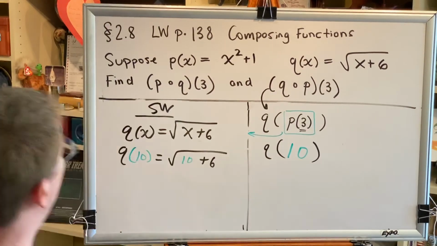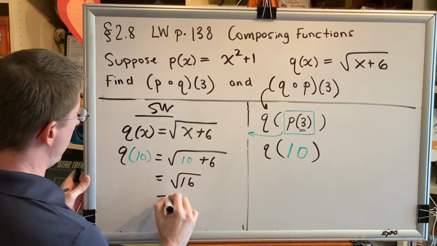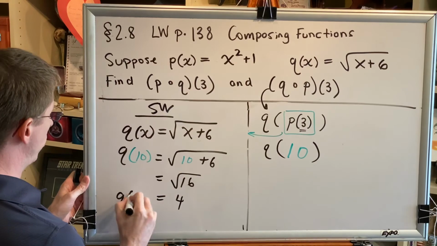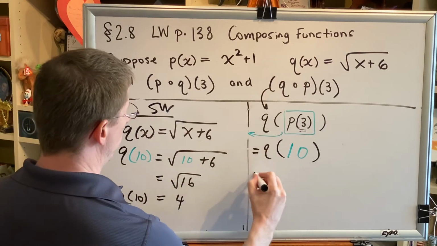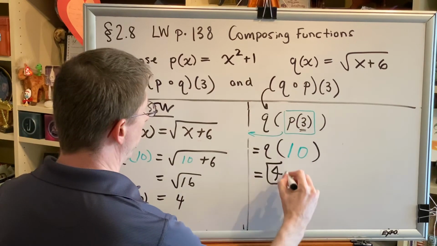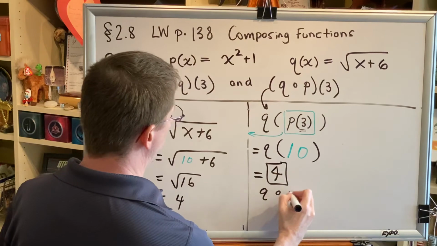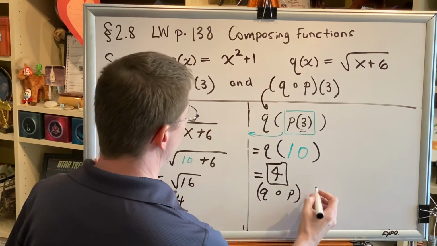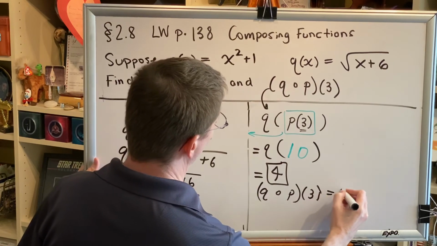Just as before, no parentheses needed for this 10. So we get the square root of 16, which is 4. So Q of 10 equals 4. Q of 10 is what we were trying to find, so we get 4. So our final answer for this problem is 4. Q composed with P of 3 equals 4.